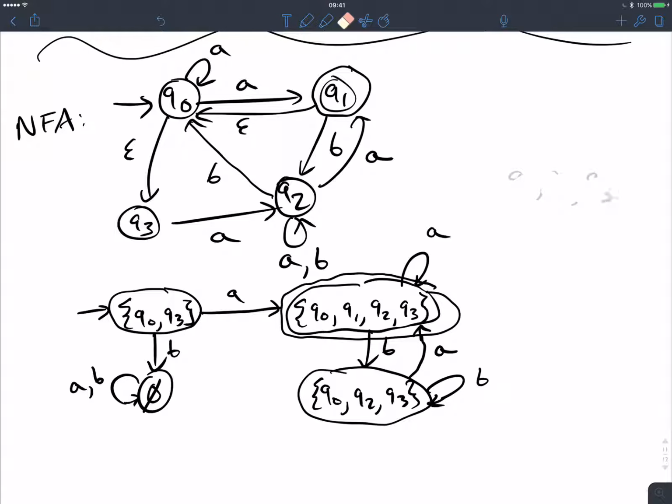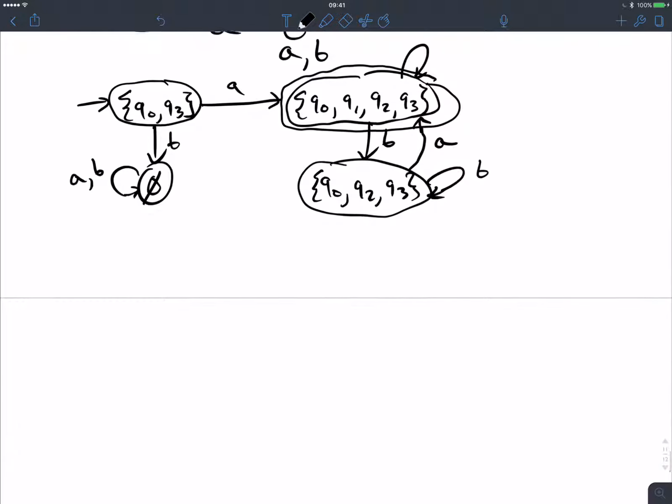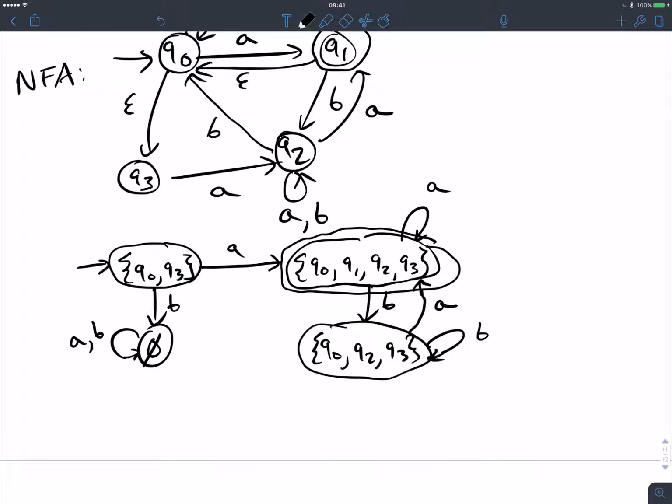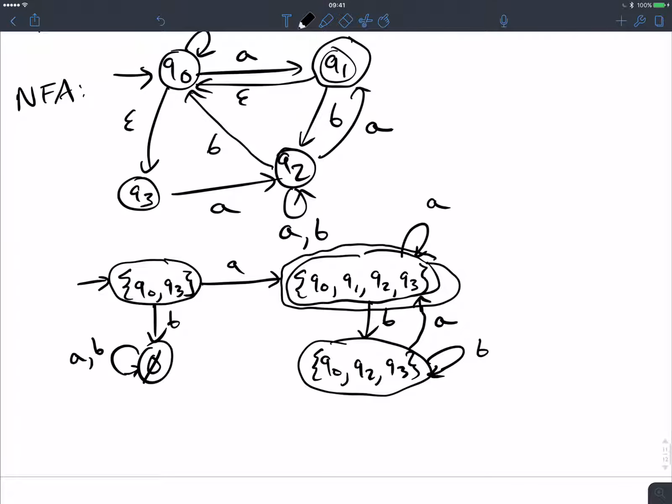Can I ask a question real quick? Yeah, go ahead. Let's say we have another state from Q3 to like Q4 or to Q2 on epsilon, so we include Q2. Like at the very start, the state would be Q0, Q3, Q2. Yes.